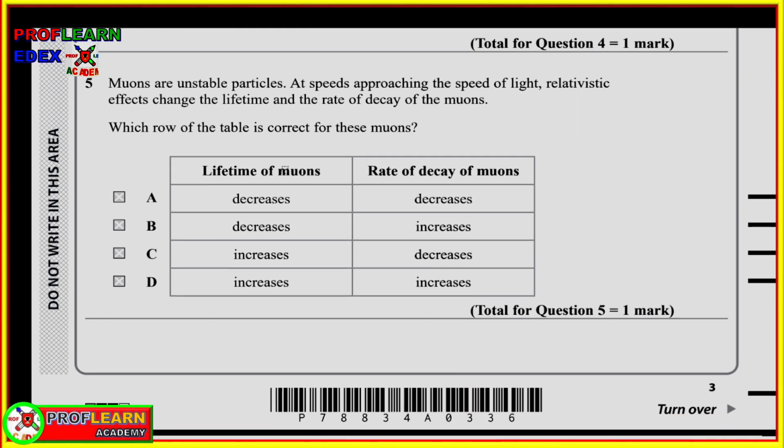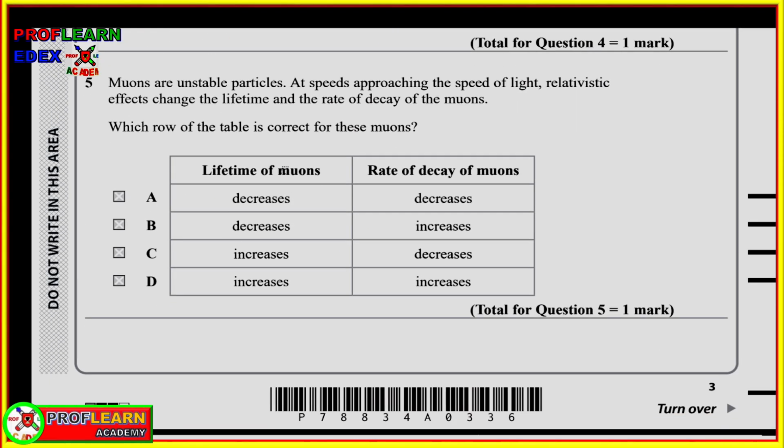We have question number 5. We are told that muons are unstable particles traveling at speeds approaching the speed of light. Actually, that is a relativistic effect. This is going to change the lifetime and the rate of decay of muons. Which of the following is correct?